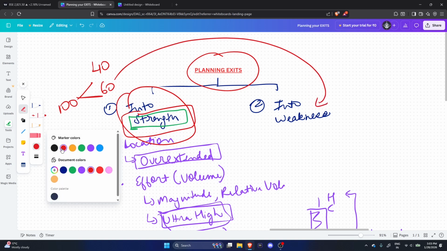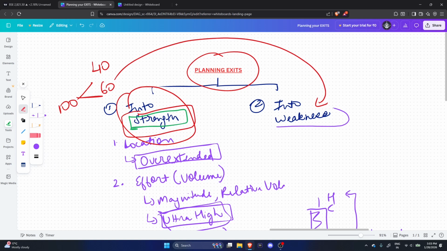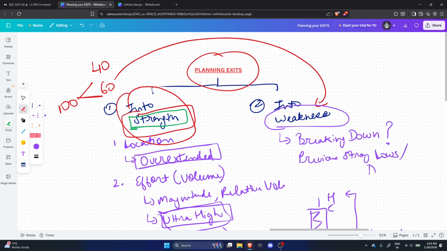Now let's come to weakness. What is weakness? So weakness is basically when your stock is breaking down. Breaking down what? Previous strong lows, demand zones.